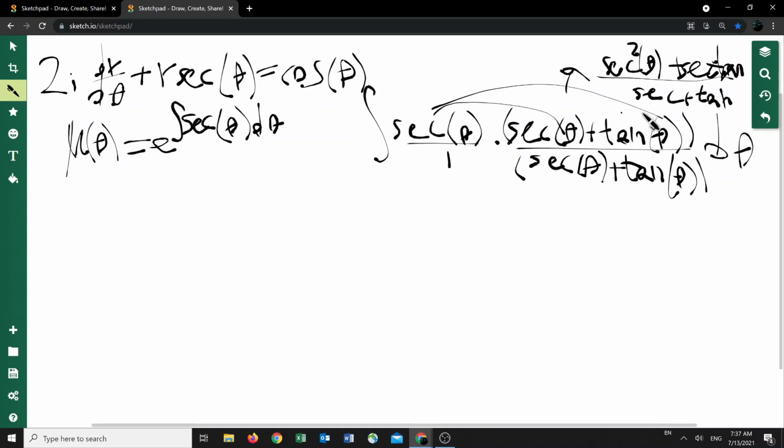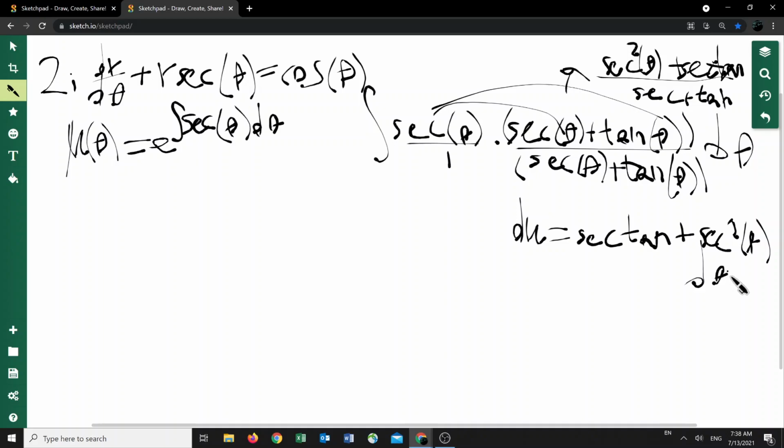Notice that if we let u be the denominator and take the derivative, du is just going to be, what is the derivative of secant theta? It's secant tangent theta, plus what is the derivative of tangent? That's just secant squared. So it exactly matches the numerator. So in other words, this is just going to cancel out if we solve for d theta.